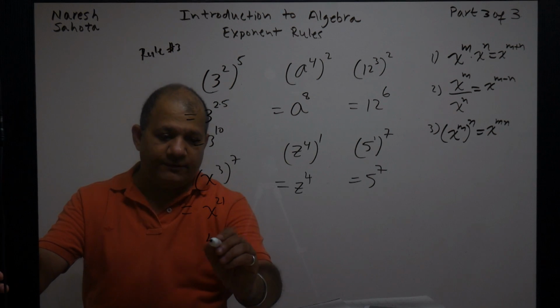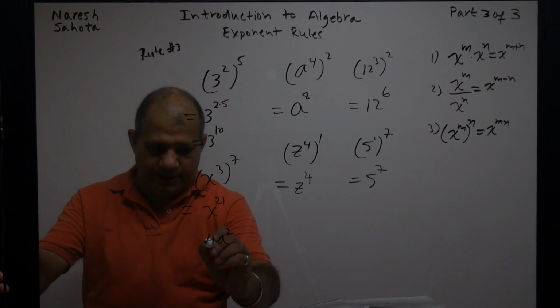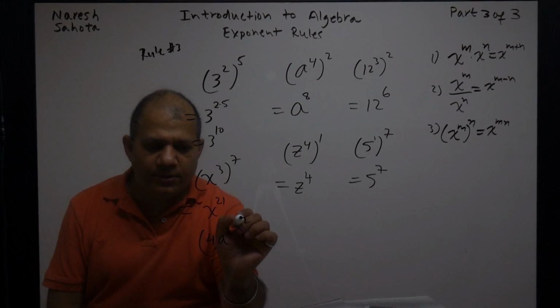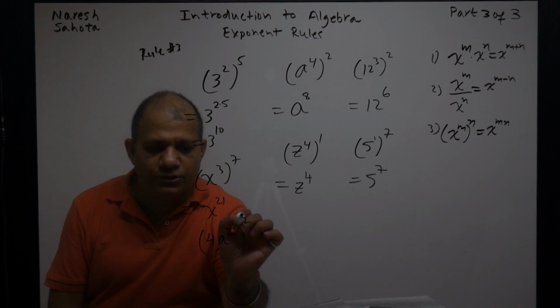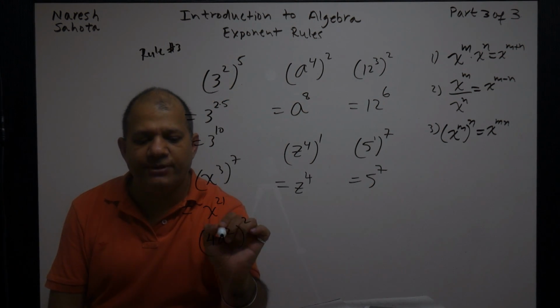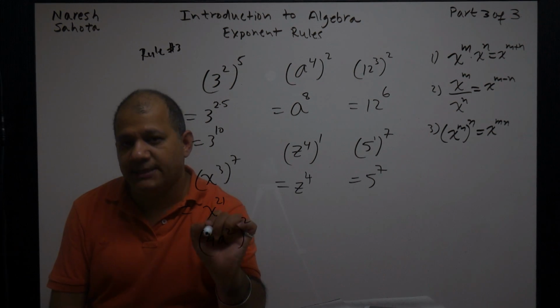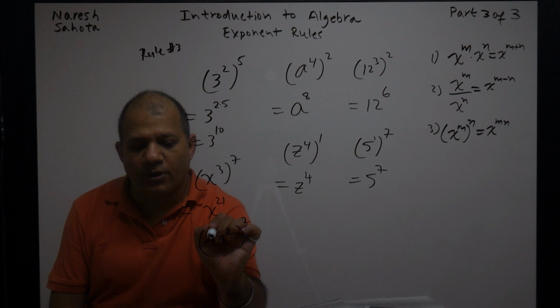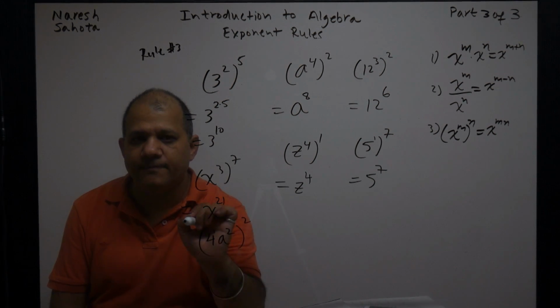Now let's look at 4a squared, and then the whole thing squared. Remember, the exponent of 2 on the outside of the bracket applies to each and every base inside the bracket. Inside the bracket we have two bases, the 4 and the a. What's the exponent on base 4? It's 1, right?